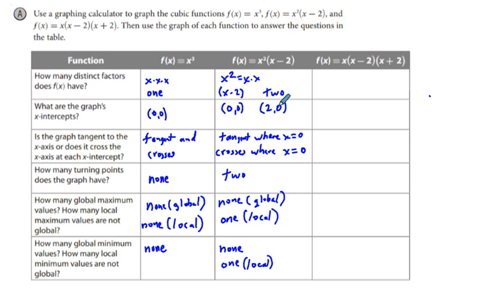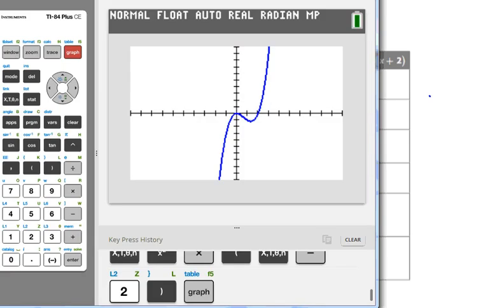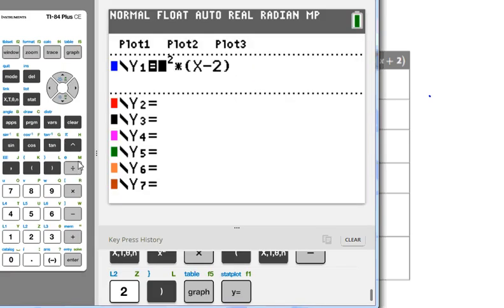And next we have this final column, x times 20x minus 2 and 20x plus 2. So let's go ahead and put that in the calculator. So get back to our function editor.